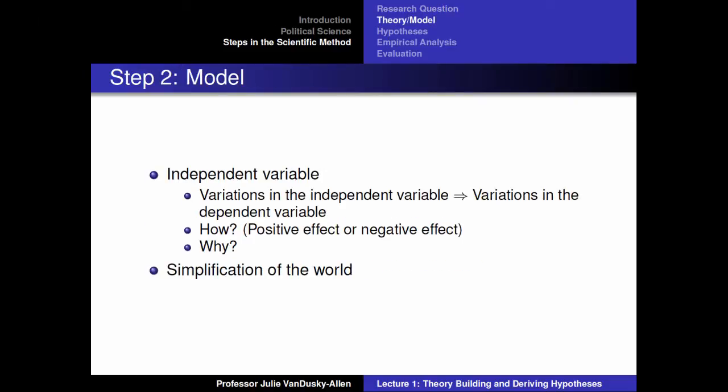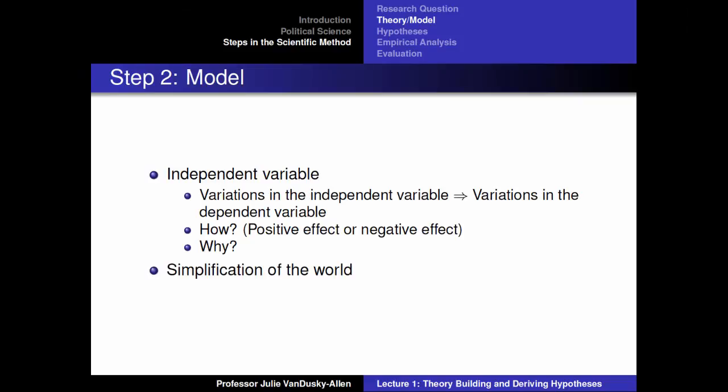The second step in the scientific process is building a model to explain why we see variations in our dependent variable. In this model, we usually choose one independent variable that we believe influences variation in the dependent variable. We believe that variations in the independent variable influence variations in the dependent variable.